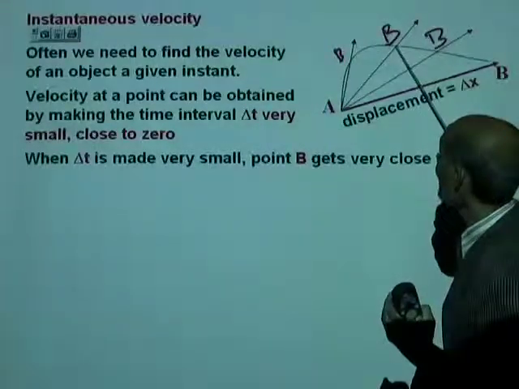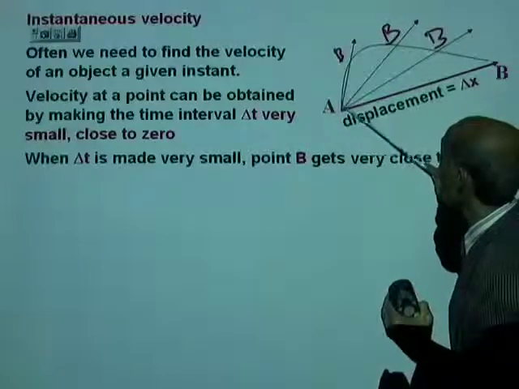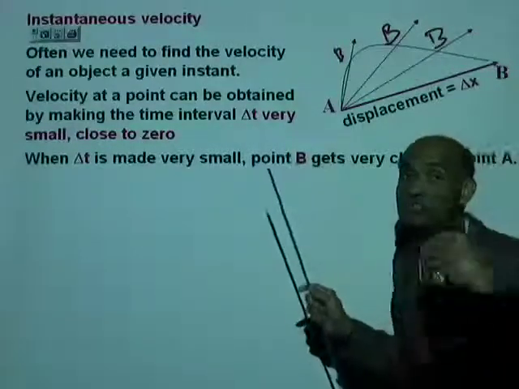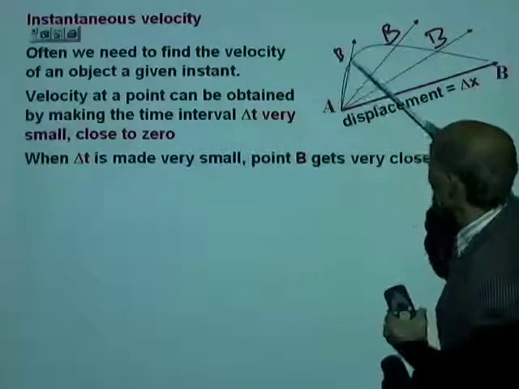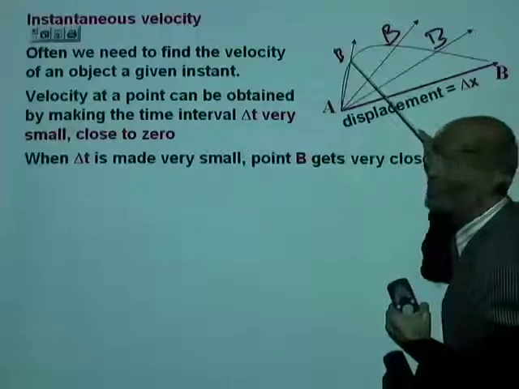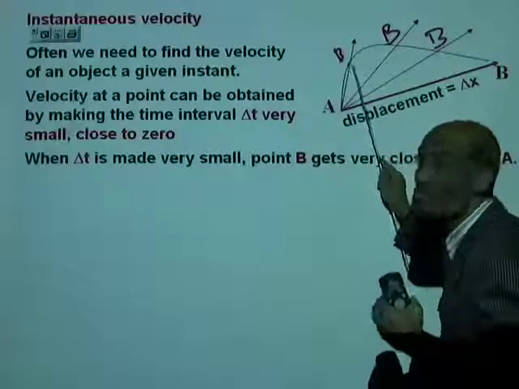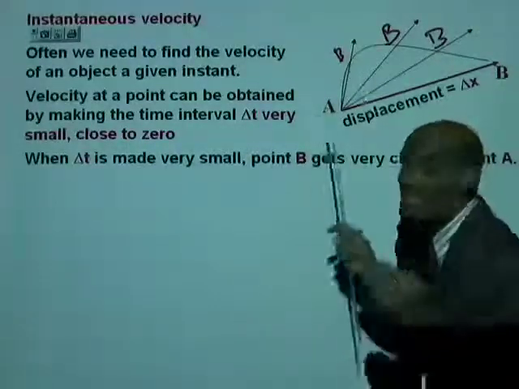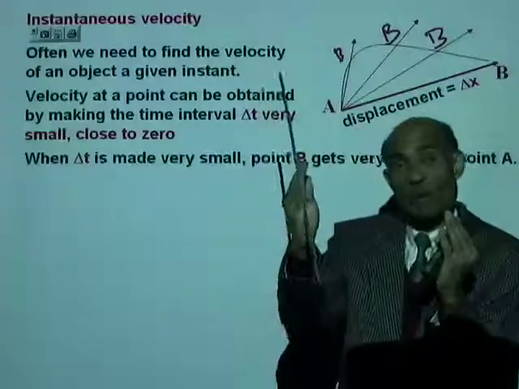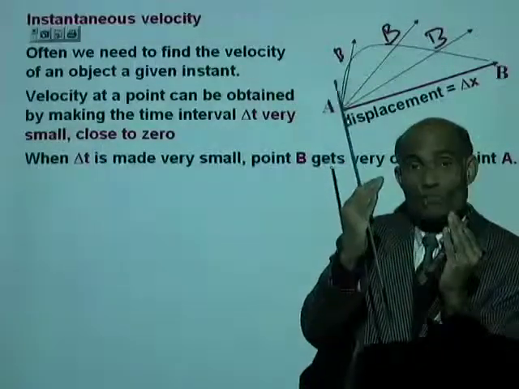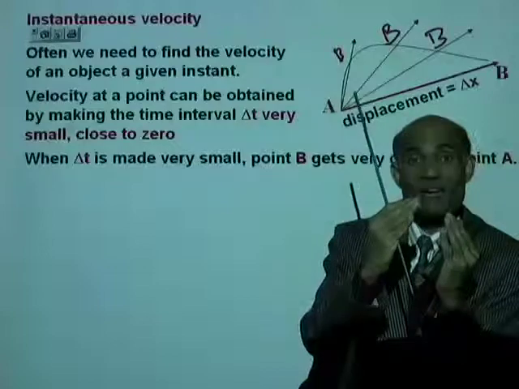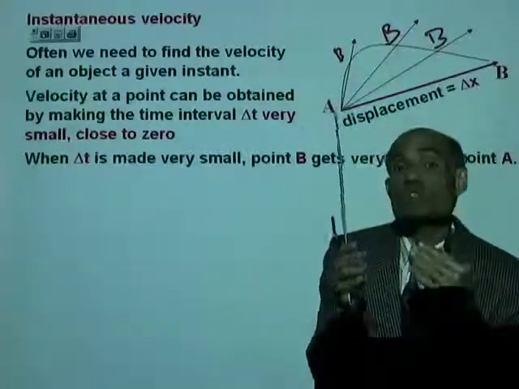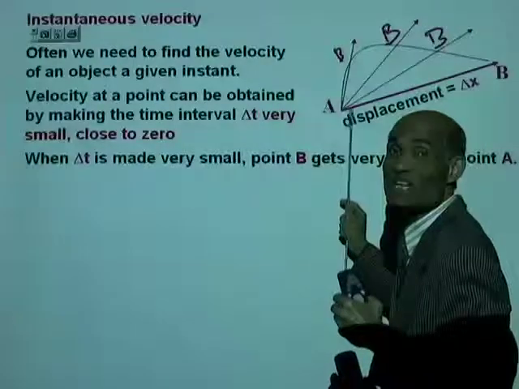If this is the new final position, this is the new delta x, and delta t is shorter now. If this is the final position, delta t is even shorter. That means point B is coming closer and closer to point A, and I'm very close to defining instantaneous velocity.